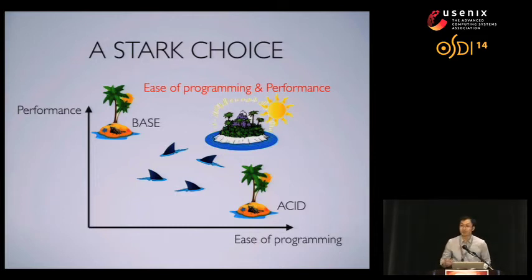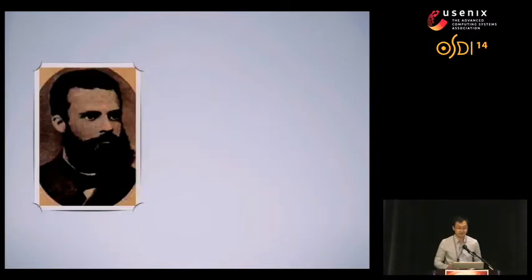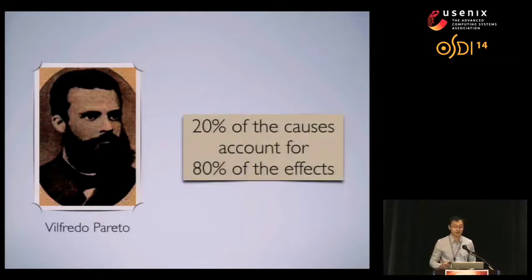In our search for this promised land, we draw inspiration from this gentleman. His name is Pareto, and he's famous for the Pareto principle, which says that 20% of the causes account for 80% of the effect. In computer science, this is more frequently referred to as the 80/20 rule. Our experience with a number of applications indeed confirms this principle.